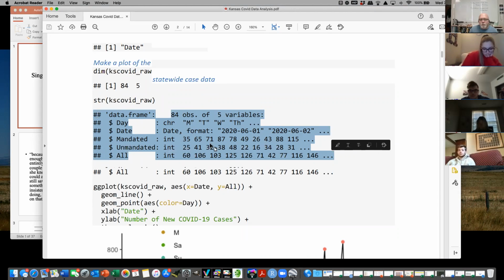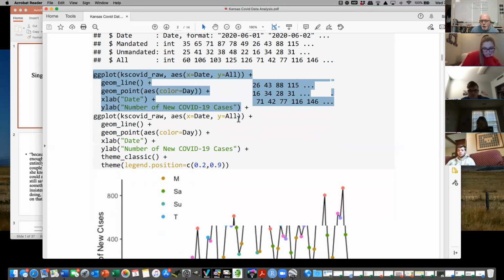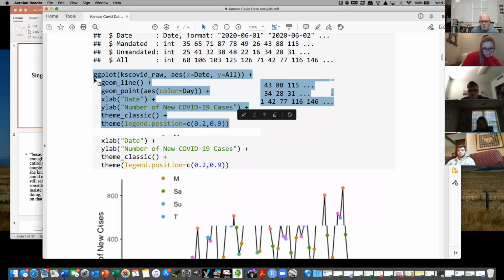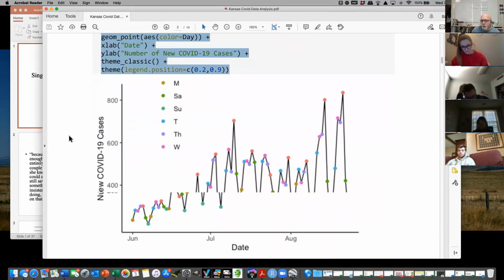The advantage of doing this in R Markdown is that I can see what your code was. So in this case, there's a little graphing block that will then produce this figure. And so in an R Markdown document, in a single document, I can have not only what you wrote in terms of your code, but I can also see what the outputs of that code were.